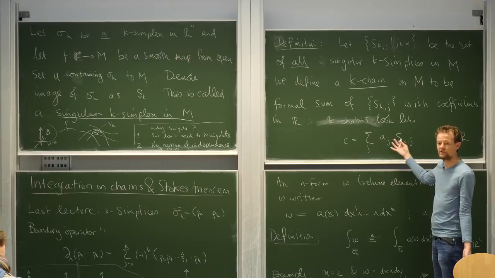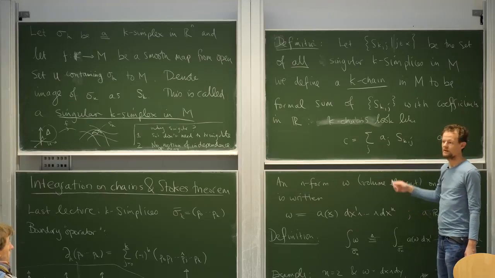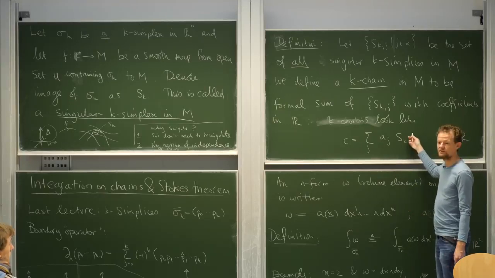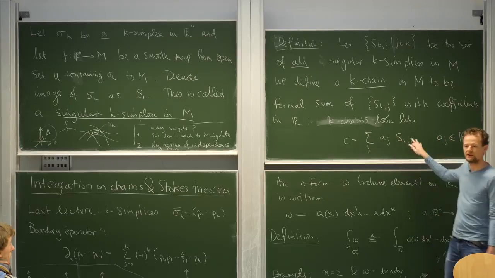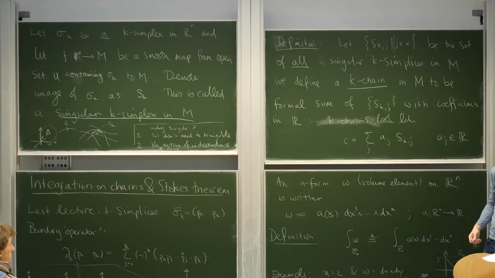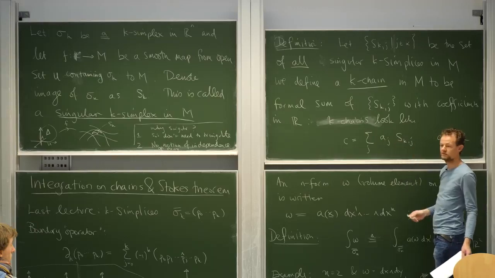To specify a k-chain, you need a list of numbers, and you need some singular k-simplices, and then a k-chain is just this linear combination. You write it on the paper like that. Don't interpret it any further. You're not actually adding the points inside the simplex with each other. You're just putting coefficients in front of a list.